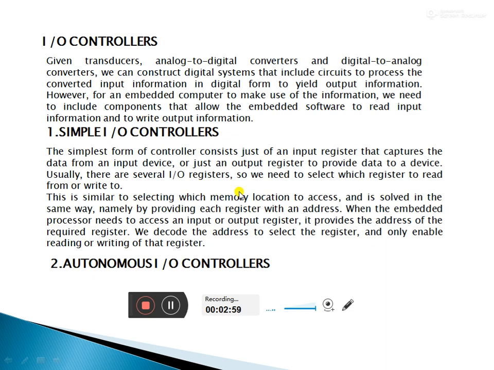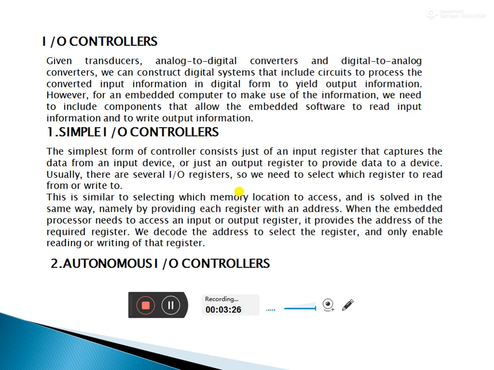Now we come to another topic, IO controllers. IO controller means input output devices. What are the input output devices, how they operate, what operation takes place, how the devices work, and what types of devices are available, we have already studied.